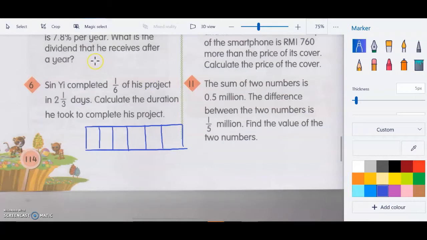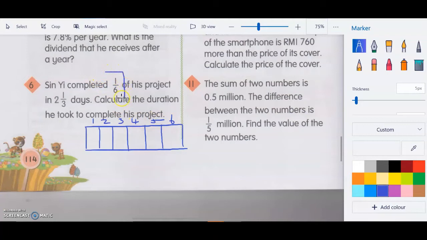Let's look at question 6. Xin completed 1/6 of his project in 1/3 days. Calculate the duration it took to complete his project. So, I draw this diagram here and I separate it into 6 parts: 1, 2, 3, 4, 5, 6.